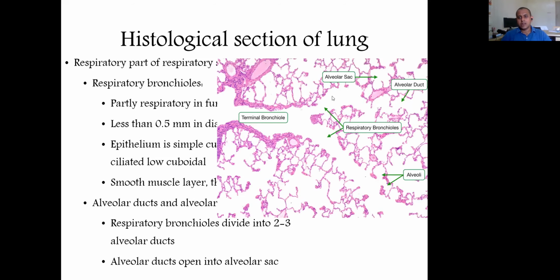Respiratory bronchiole is partly respiratory, but later on the alveolar duct and alveolar sac, as they are lined by the simple squamous epithelium, will be acting as a respiratory unit, truly a respiratory unit. The respiratory bronchiole divides into 2 to 3 alveolar ducts, and this opens into the alveolar sac. So here you can see alveolar sac, which has 1, 2, 3, and 4 alveolar openings.